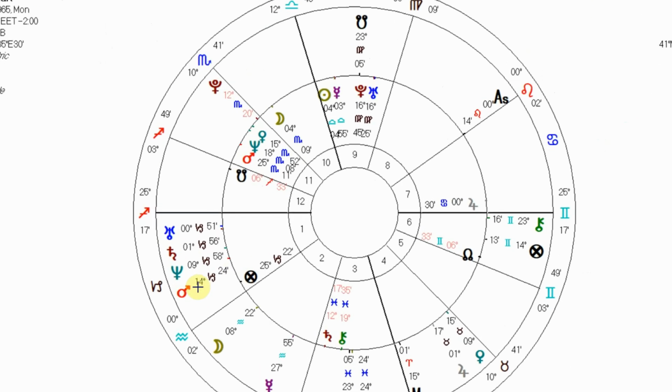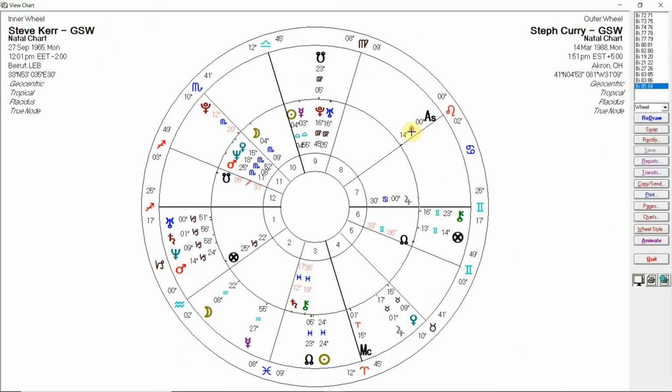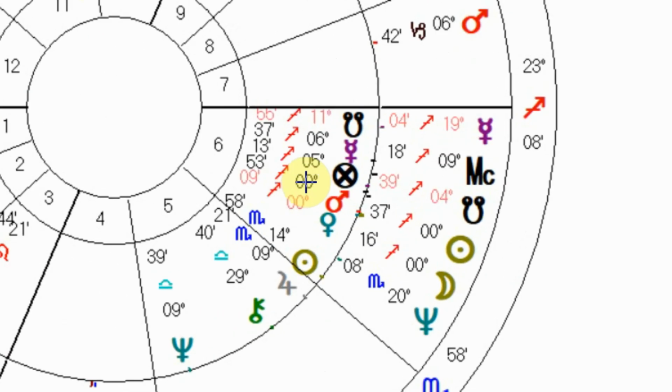Also, Steph Curry's Mars here at 14 Capricorn is sextile the Venus of Steve Kerr and sextile the Sun in the first game. And also his Ascendant at 0 Leo is trine the Venus and Mars of the first game and the progressed Sun of Kerr. Very interesting links there.